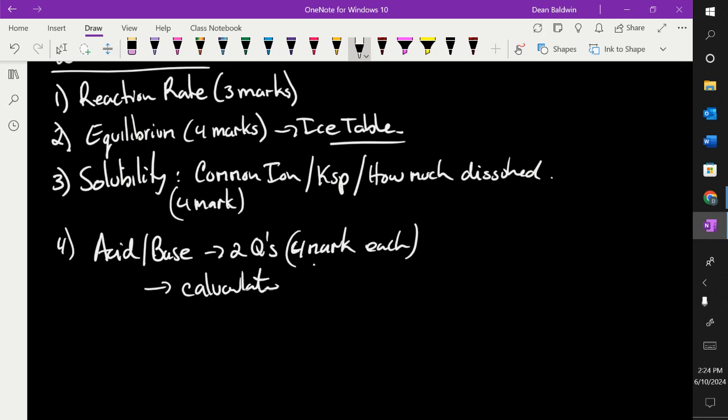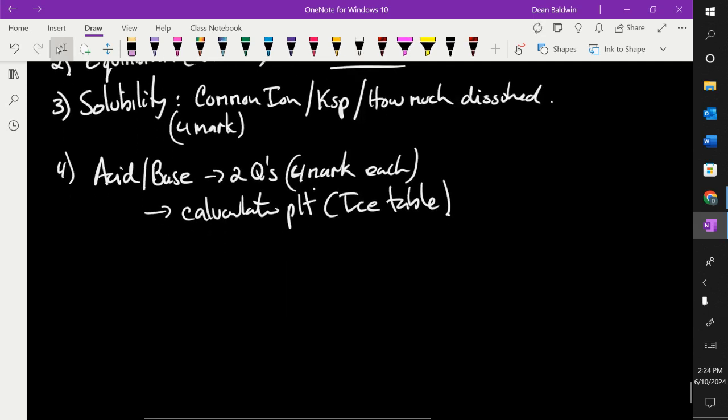Really, it's most likely going to be some sort of calculated pH using an ICE table thing. But if you look through acids and bases, you'll see the types that I'm going to ask. Okay. That's 4 and 5, I guess.